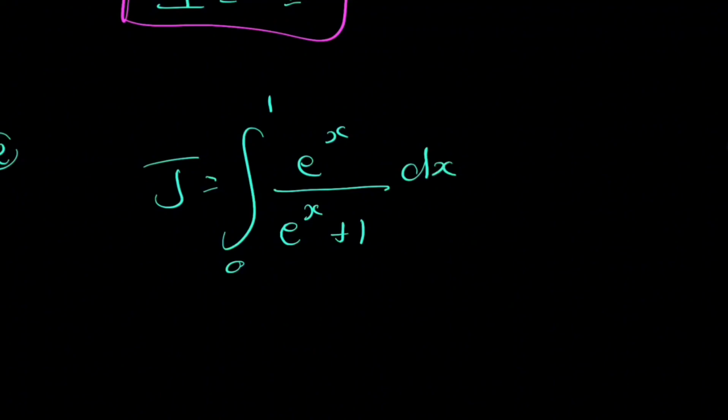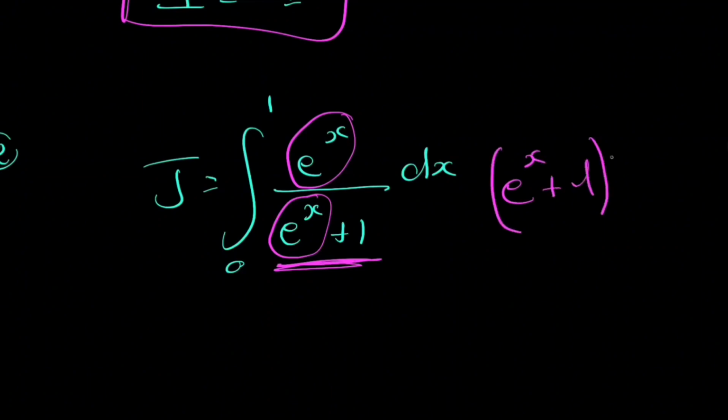What you should do here: a quotient, a fraction, is not really easy to do. But what you should see here is that these two things are really similar. And if you go further, you could see that the derivative of exponential of x plus 1 is equal to exponential of x.